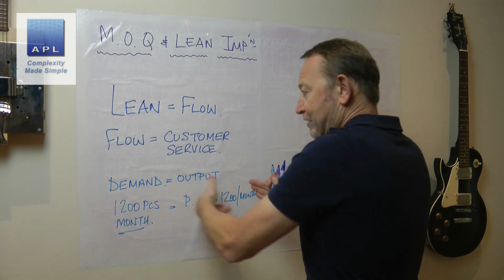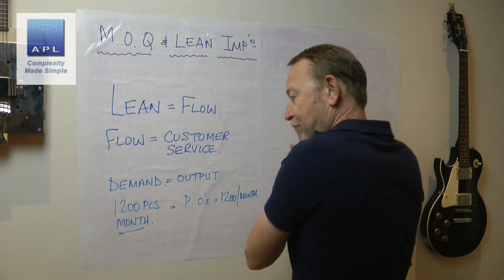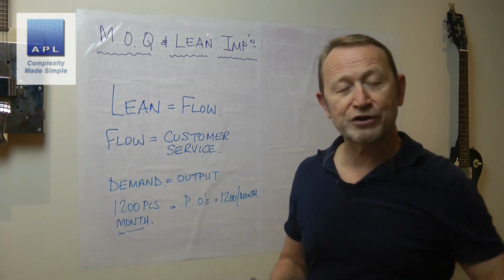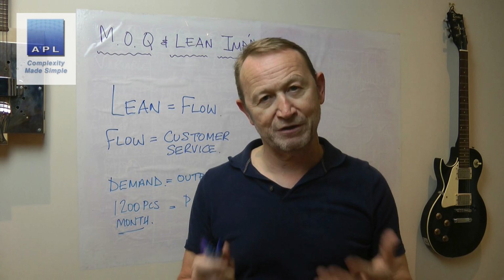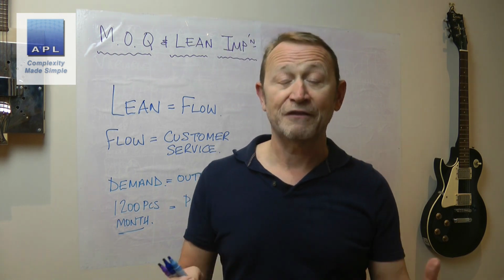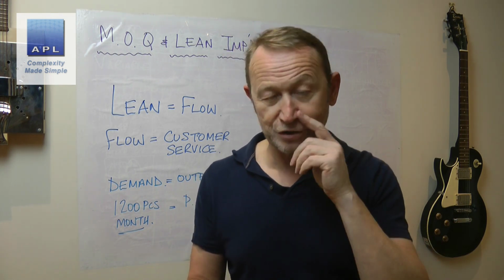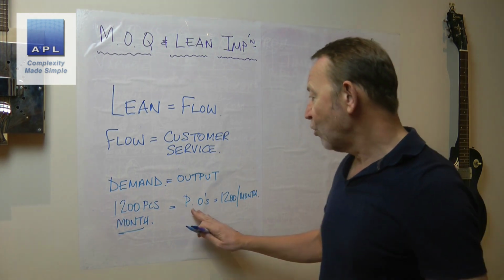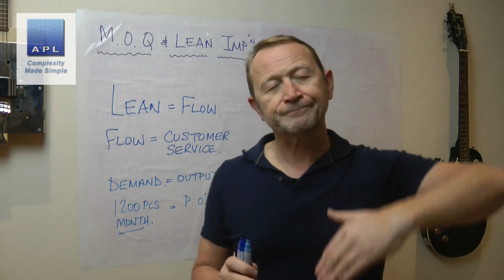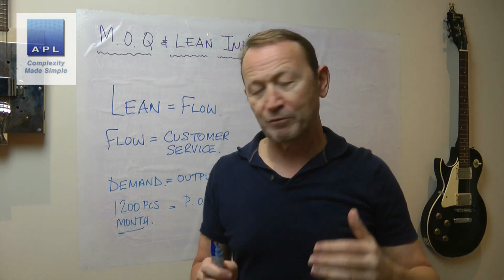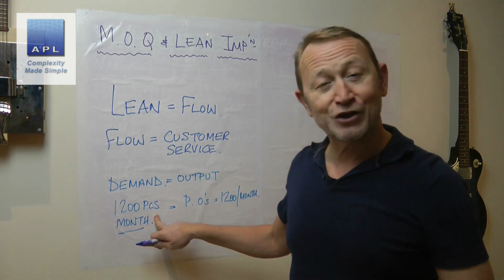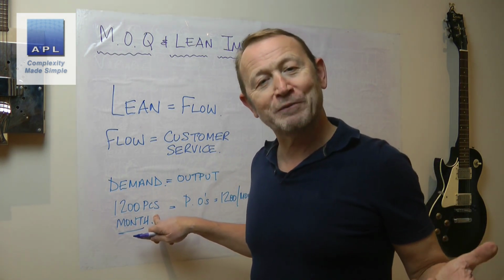Okay, so, and it's the flow. We are ordering exactly what the demand is asking for. The flow of the product is at the speed that the customer is consuming the item, and therefore it is the flow that services the customer. All that stock does is it's the shock absorber between the fact that the customer doesn't order exactly 1,200 pieces.